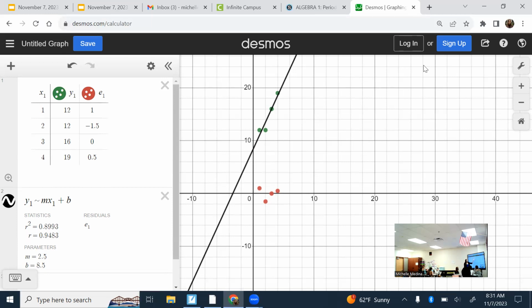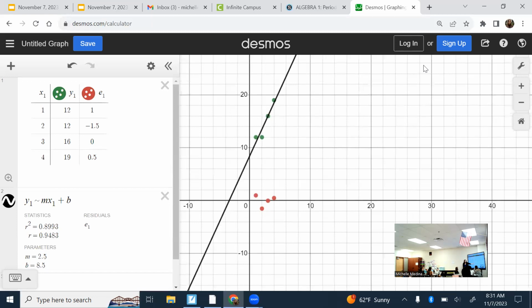It touches almost all the dots, or it's at least really close to all the dots. Wouldn't you say that this is pretty close to the x-axis? These dots. And when you say that all these values are pretty close to 0, so it is a good fit for the data, this linear model. It'll always give you the best one.